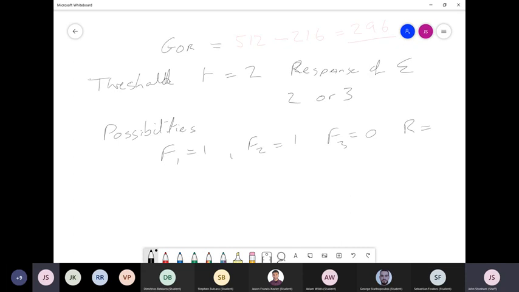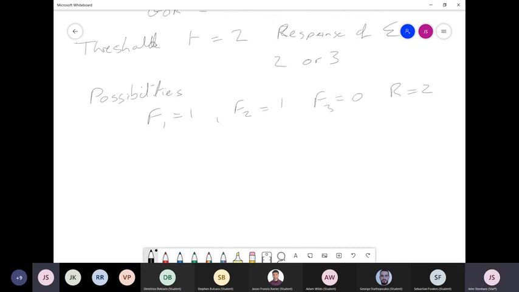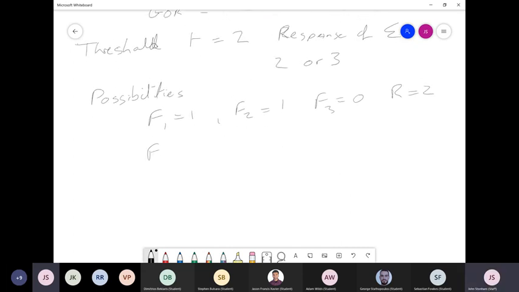Response, let's call it R, equals 2. The other possibility, F1 equals 1, F2 equals 0, F3 equals 1, R equals 2. It's equal to the threshold, so the net fires. Third possibility, F1 equals 0, F2 equals 1, F3 equals 1. And there again, R would be 2.